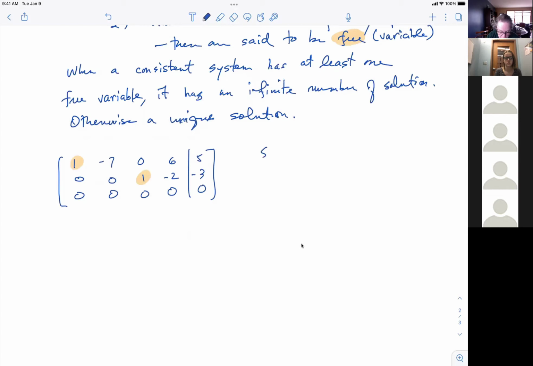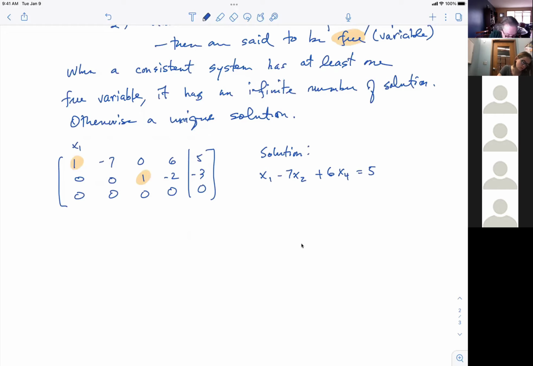So the way we write the solution, here's my approach. I just write down what the matrix says. That first row says x1 minus 7x2 plus 6x4 equals 5.